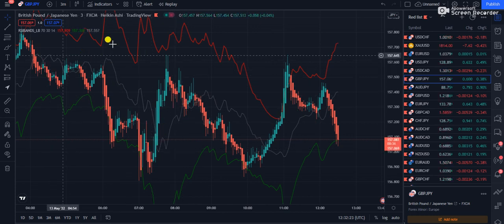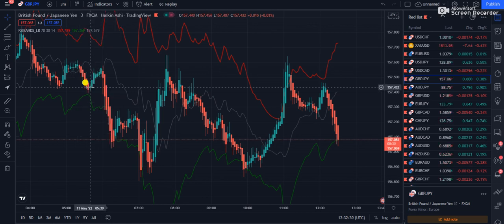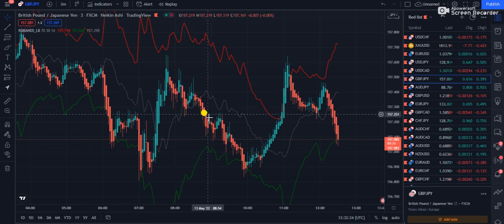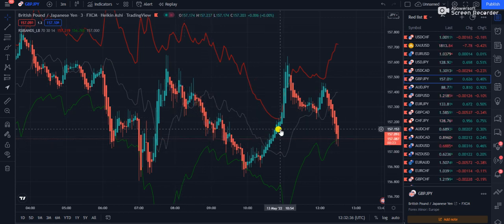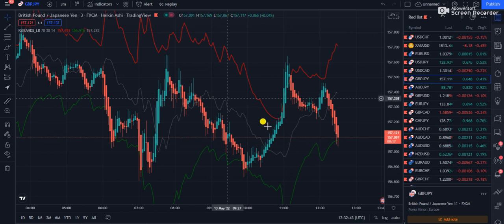First of all guys, with this strategy you should turn your simple candles into Heikin-Ashi, because Heikin-Ashi gives you the red and green candles so that you can see whether the retracement has started or not. This is the 3-minute Great Britain pound chart.